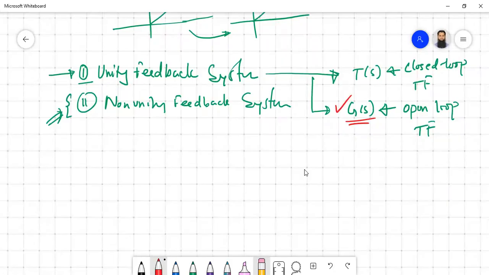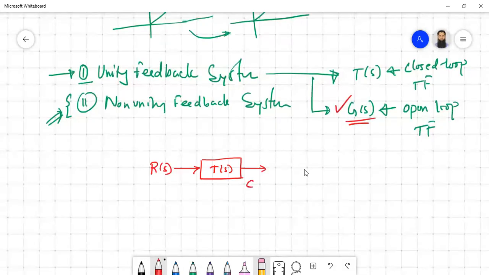For T(s), we know that R(s) multiplied with T(s) will give us the output C(s). Let me actually draw it downwards, then it will be easier. So C(s). At the same time, the error we are looking for is basically R(s) minus C(s).